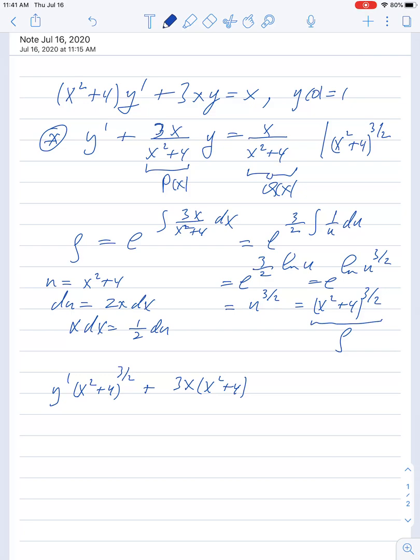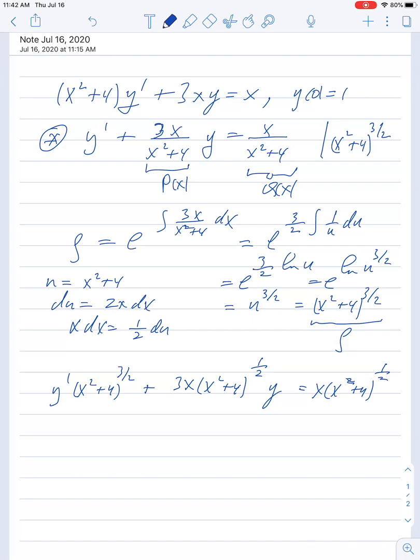Now we have 3/2 here on top and x squared plus 4 negative first power, so we have to reduce, and this becomes 1/2, and then y. On the right side there will be x times x squared plus 4, 3/2 minus 1, again 1/2.